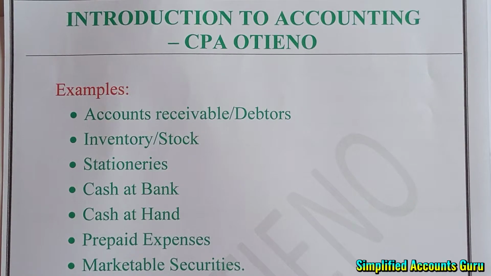And then the non-current assets are those items or resources owned or controlled by the business as a result of past economic events from which future economic benefits are expected to flow to the business, but the items or the assets are expected to last in the business for more than one financial period.